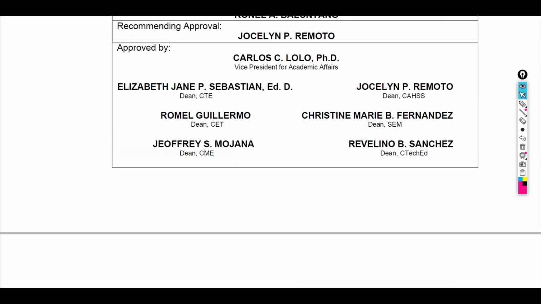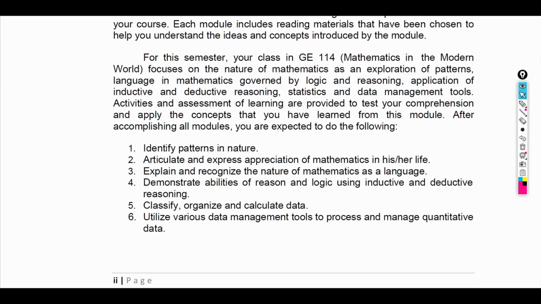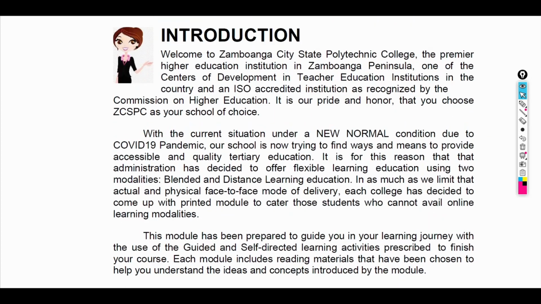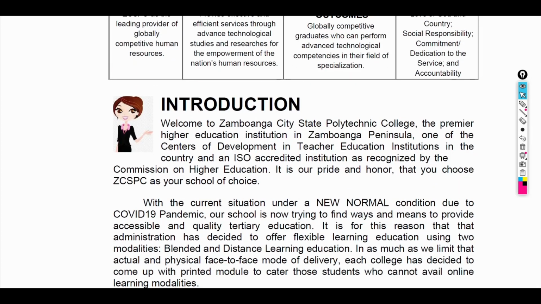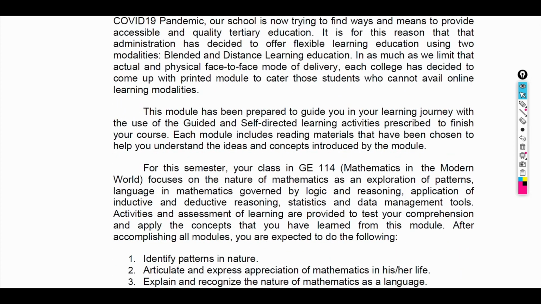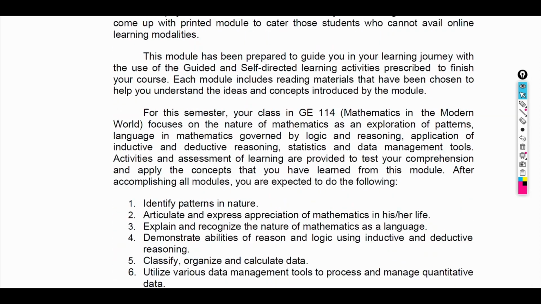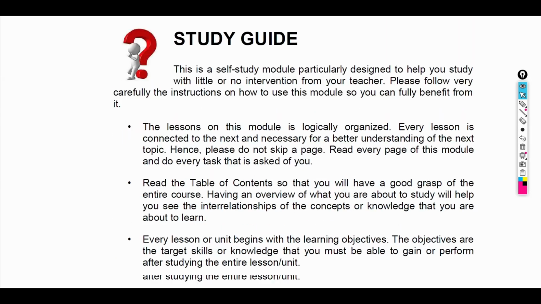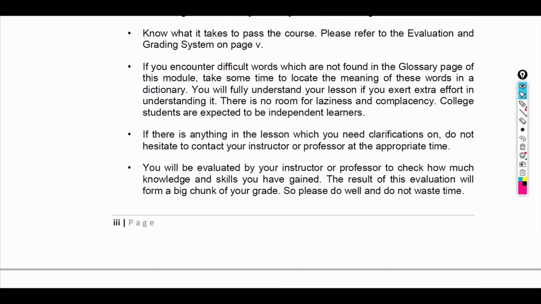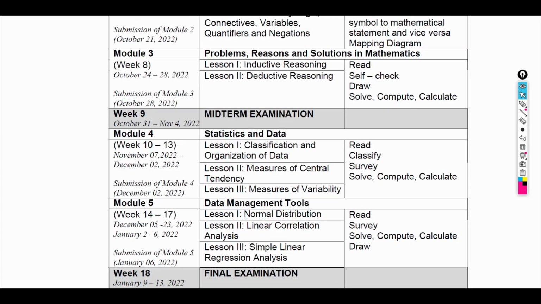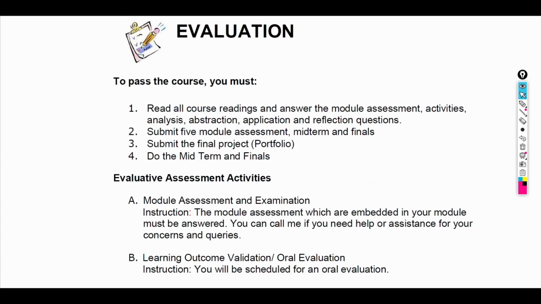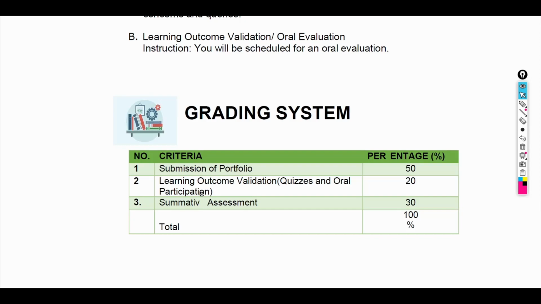So as provided, the learning module with the subject GE114, with its subject name Mathematics in the Modern World. So go over these pages, and don't even attempt to skip some of the pages, because if you miss some of the pages, then you will find it so hard to solve the activities, no?